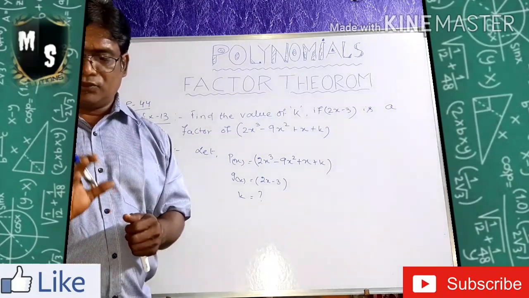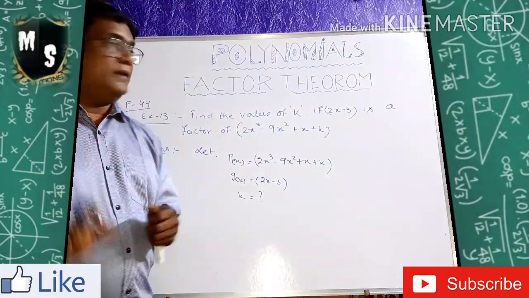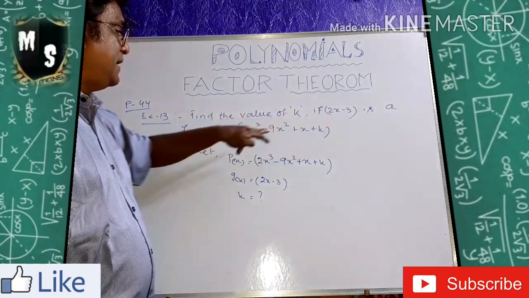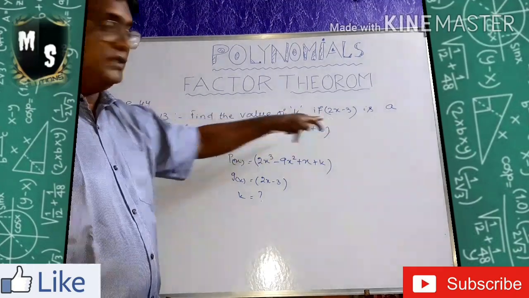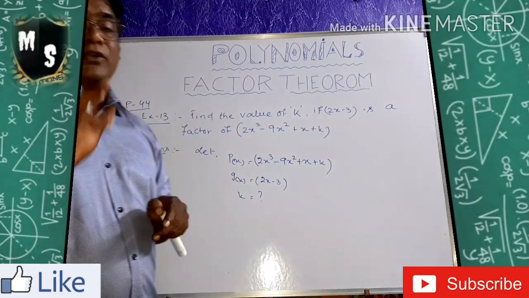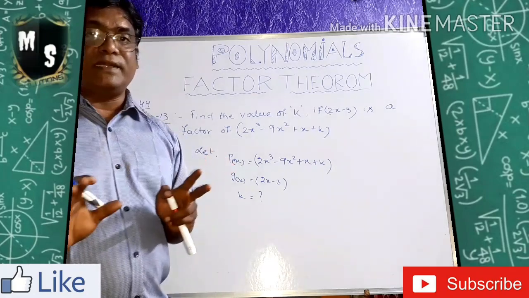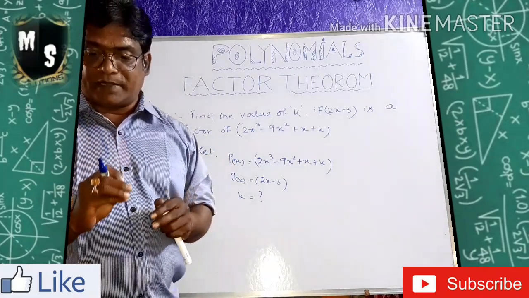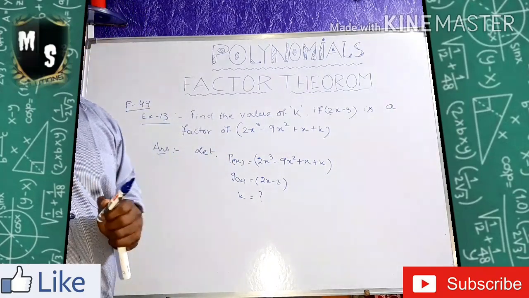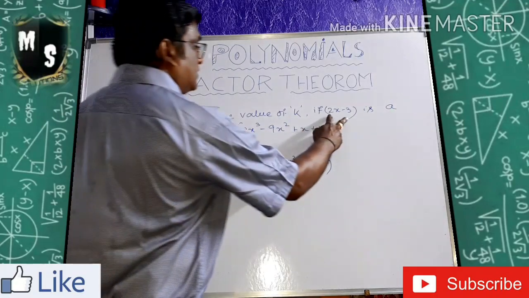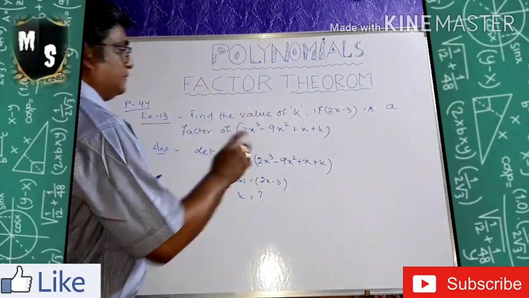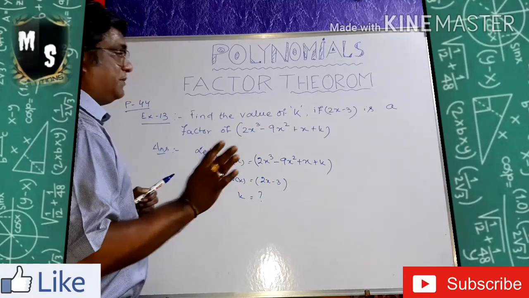So how to do this type of sum? What is bit 2 of the factor theorem? Then definitely 2x minus 3 equal to 0, P of a equal to 0, because it is a factor. So P of a must be equal to 0.